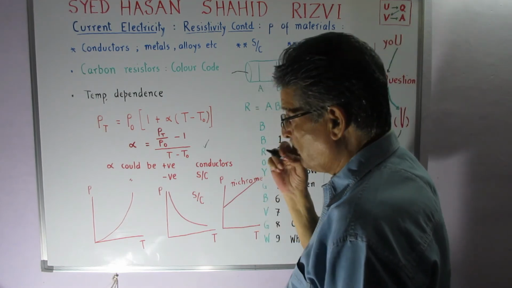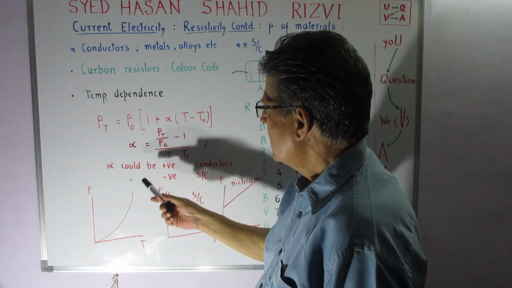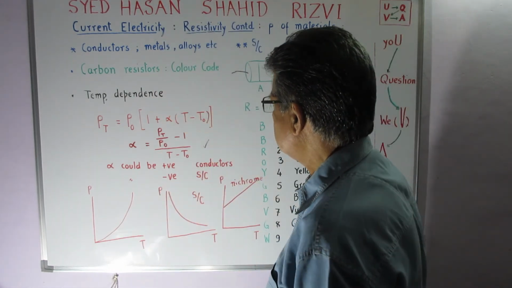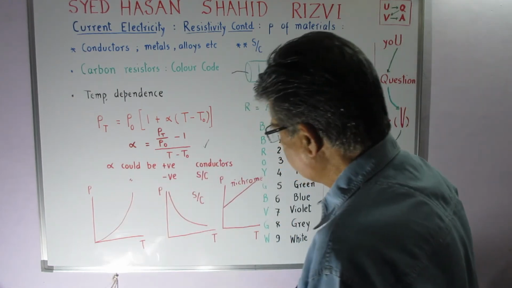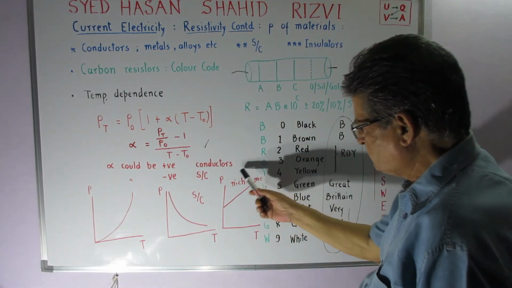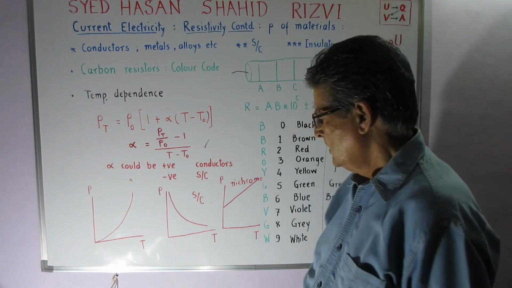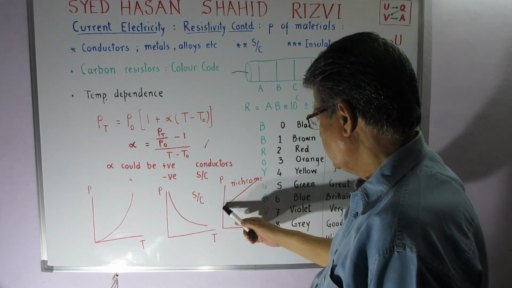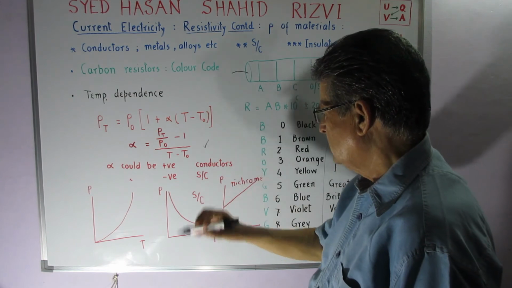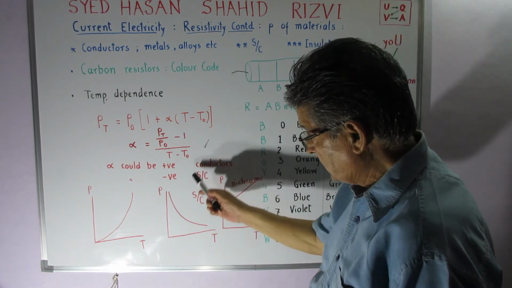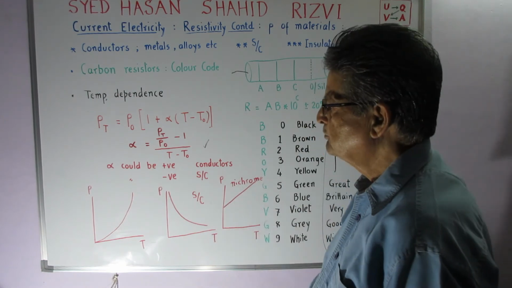Okay, exponential. In the case of conductors, metals, alloys, etc., the variation of rho is like this. But for example, in the case of a special material out of which wire resistances are drawn, it is a straight line like this. At temperature 0 it has some value, and so on. In the case of semiconductors, the rho value keeps on decreasing with temperature.